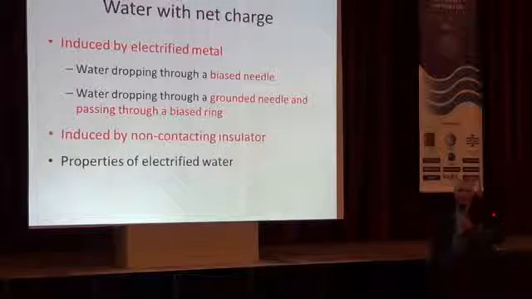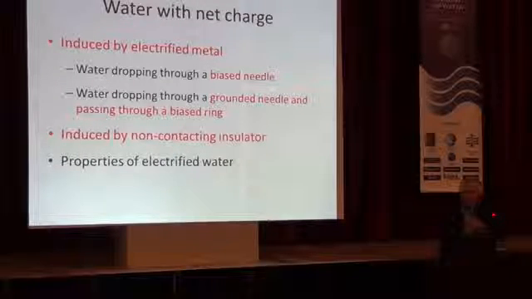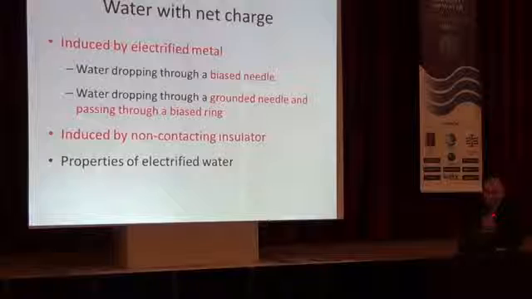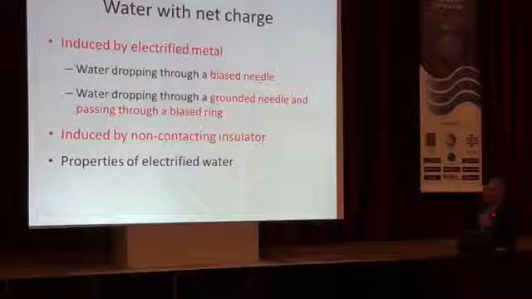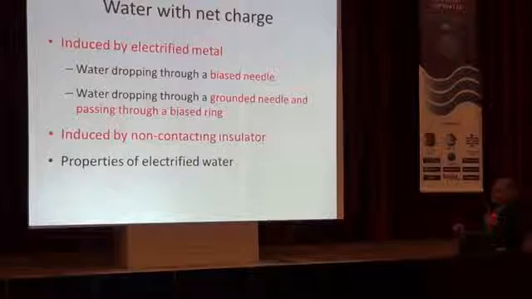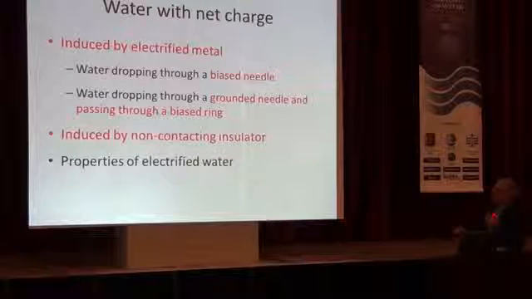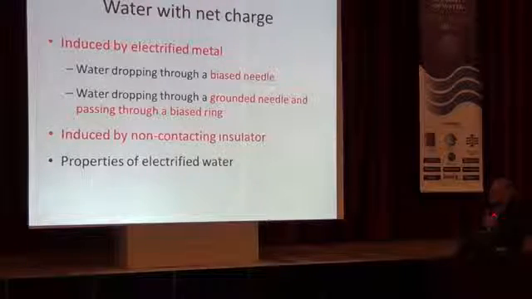So, I will now describe the work we did to obtain water with net charge in different ways: induced by electrified metal, either dropping through a biased needle, or dropping through a grounded needle but passing through a biased ring.